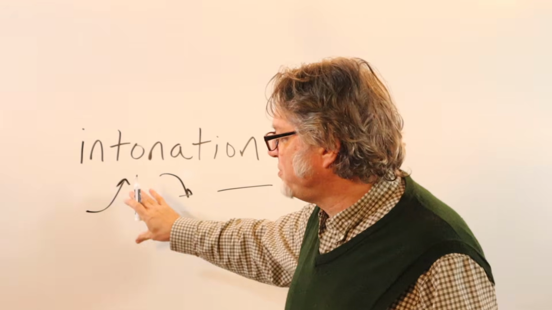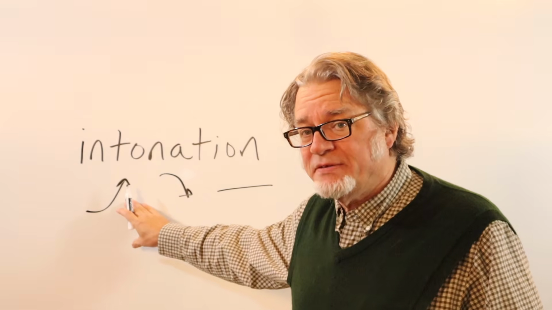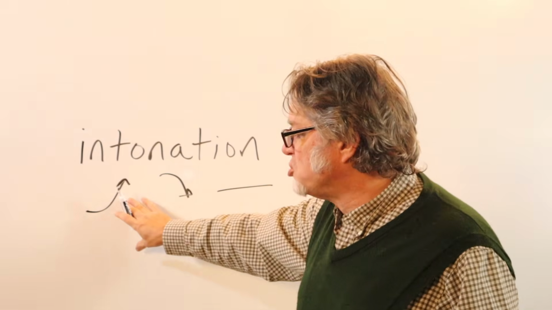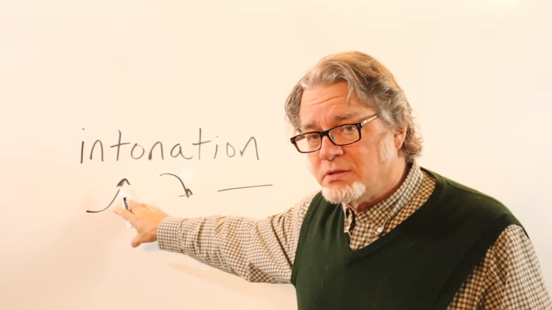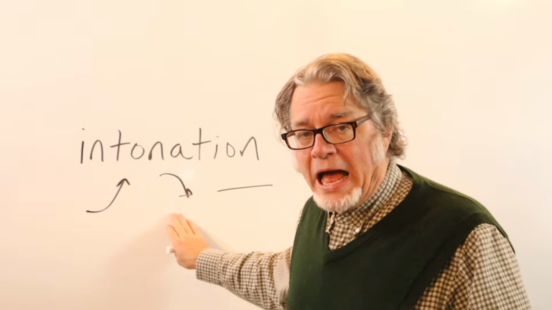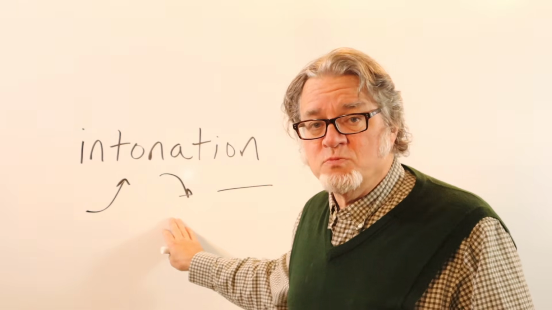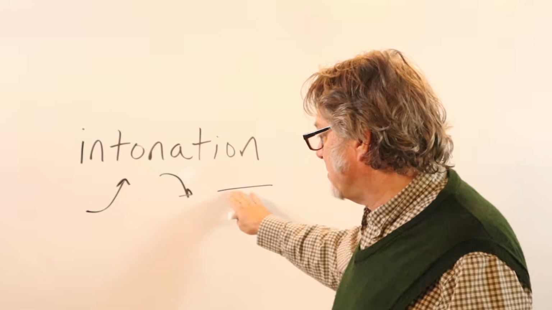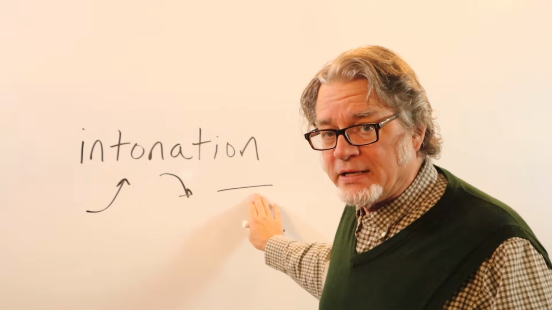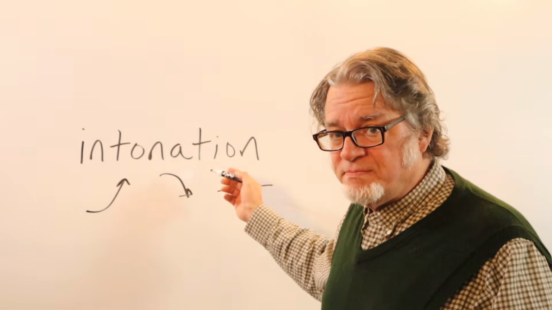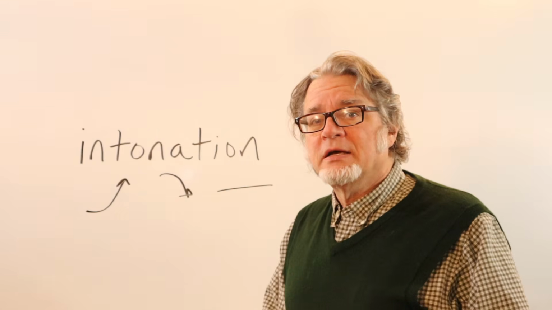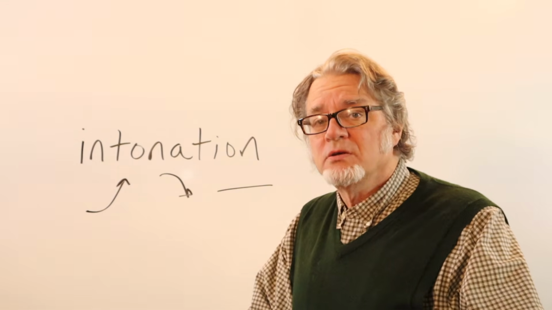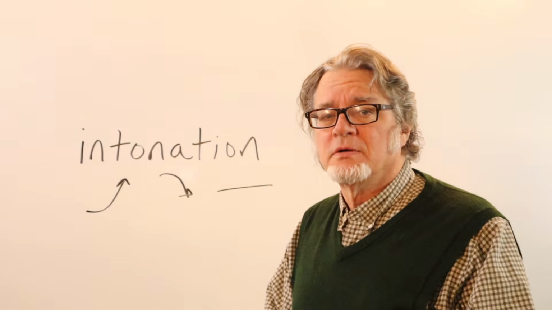If your voice goes up at the end of a tag question, then it sounds like you aren't sure of the answer. If your voice goes down, it sounds like you might already know the answer. And sometimes the voice is just flat. This is a difficult thing to get when you listen to somebody use a tag question.